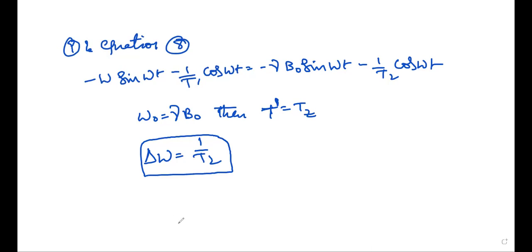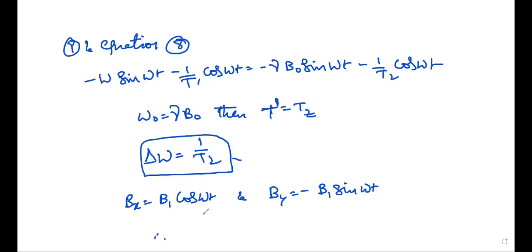So the Bloch equation can be solved to give the power absorption from the rotating magnetic field, in terms of Bx equal to B1 into cos omega t, and By equal to minus B1 into sin omega t.